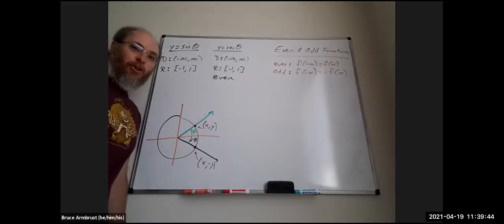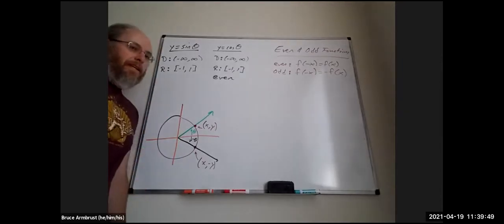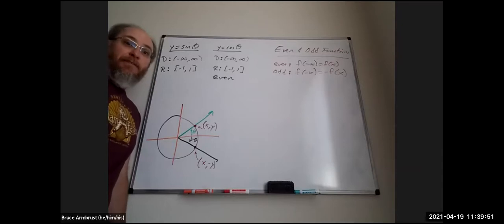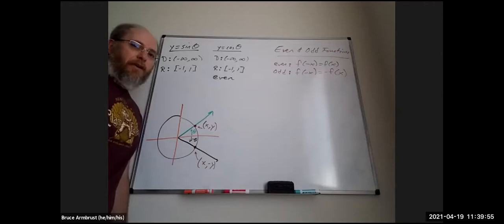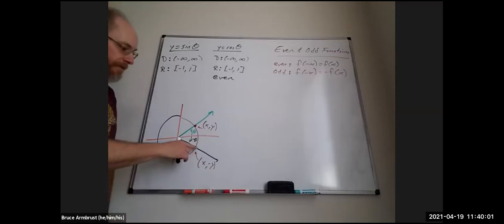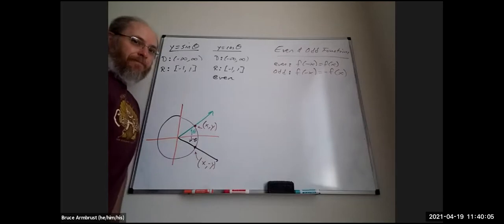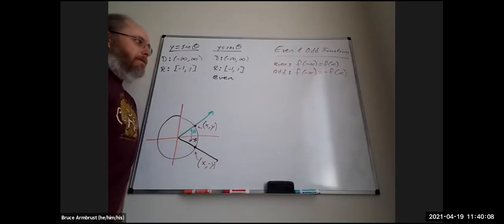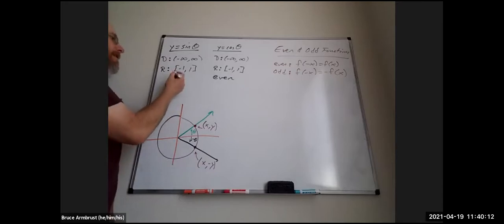So that's kind of cool, actually. All the stuff that we know about even functions, like specifically the symmetry of even functions, we're going to be able to use when we draw the graph of cosine, which we're going to do in just a little bit. All right, well, the x coordinates stayed the same. The y coordinates changed sign. So that means that the sine function is odd.